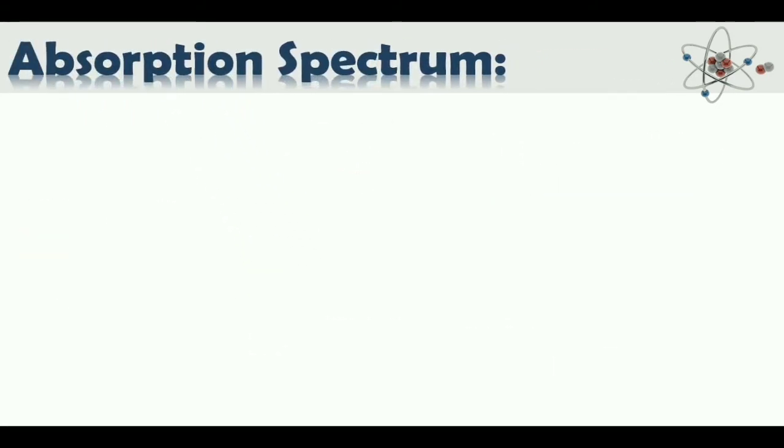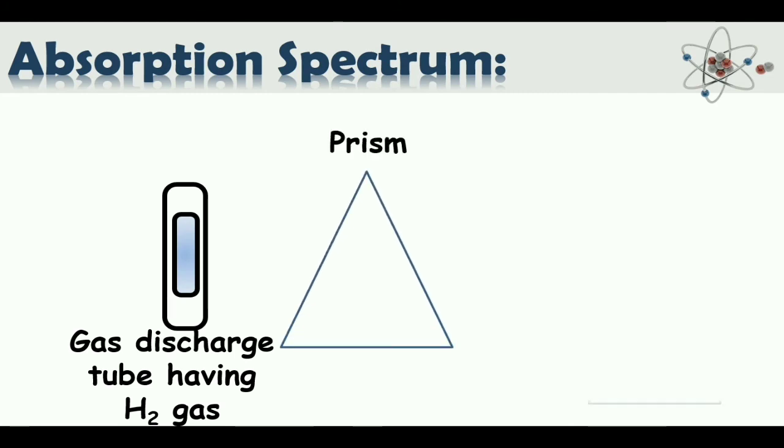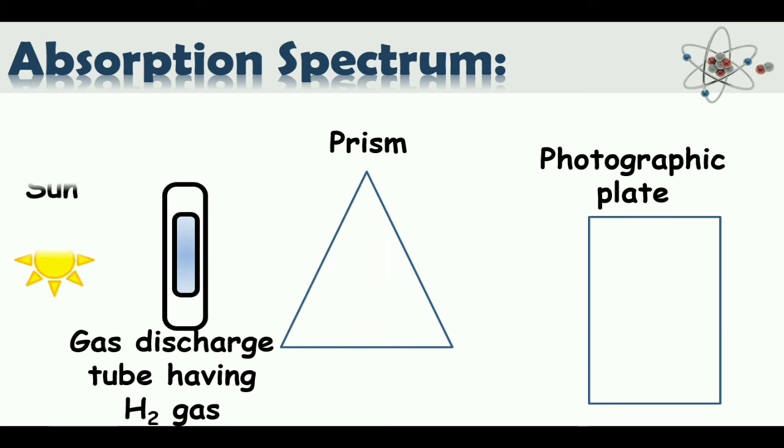Now the absorption spectrum. For that, take the gas discharge tube having hydrogen gas. We can take any gas there. Then take the prism and photographic plate. From the side we pass white light so that it will give some light out. Here, absorption of some light takes place.